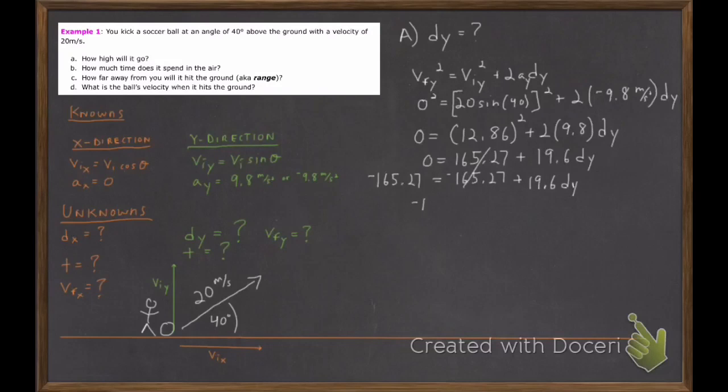And remember these are all negatives. So this is negative, this is a negative, this is a negative, negative 19.6 dy. We divide by negative 19.6, divide by negative 19.6, and we get that dy is equal to 8.4 meters.